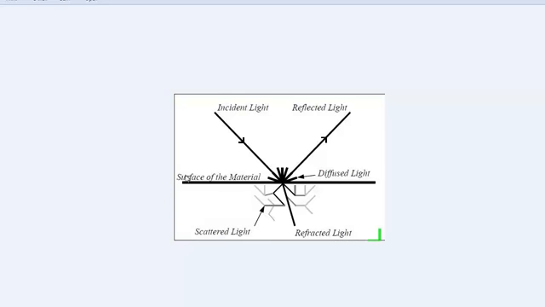I can illustrate my explanation with this schema here. You have the incident light, which is coming from a source light, and here we have the surface of the material. So here the light is reflected, then it's diffused and reflected, but also refracted and absorbed.